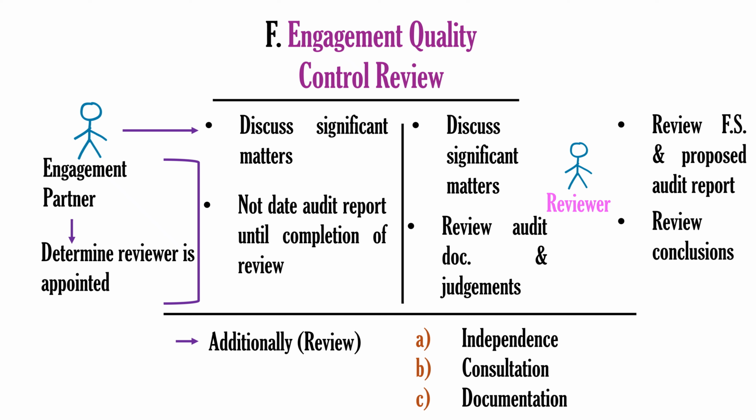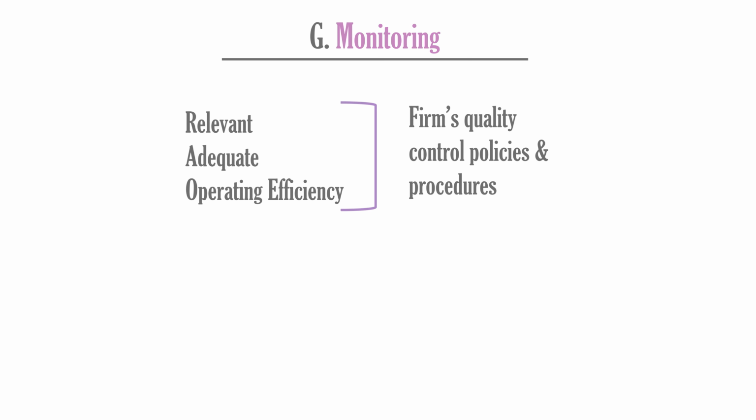And additionally, the reviewer should review the independence of the firm, consultations provided by the external consultant, and lastly, if it is all documented properly, if there is any difference of opinion, it should be resolved as per the firm's policies and procedures. Point number seven is monitoring.